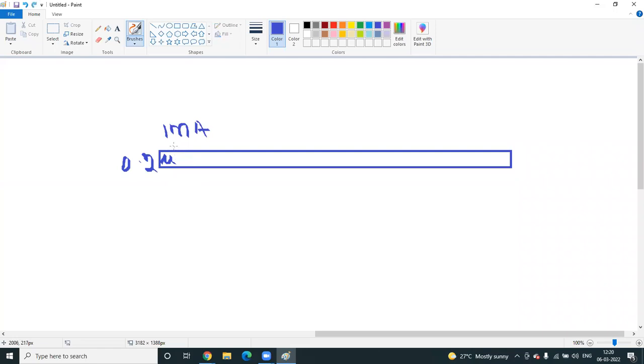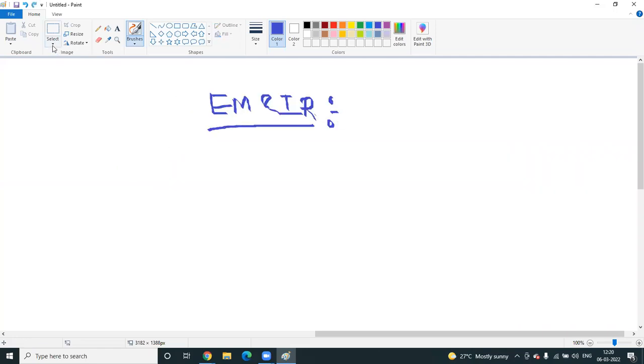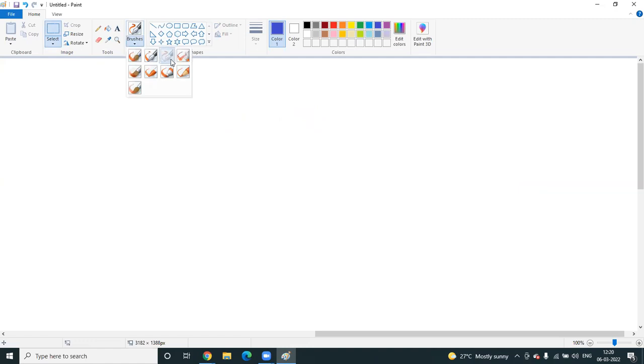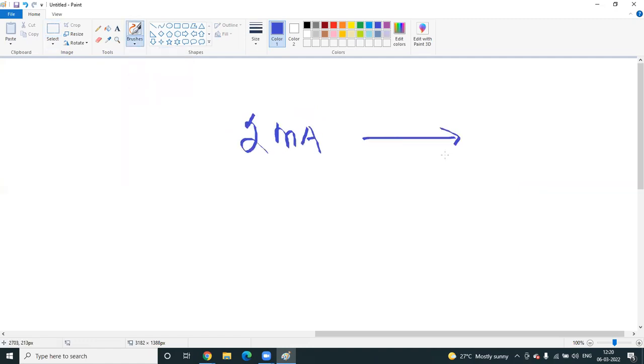In this technology we need to follow this current density: 2 milliampere per 1 micrometer. This is not an example, this is the correct one. So 1 micrometer width will carry maximum 2 milliampere.